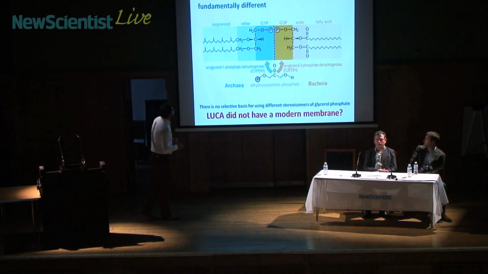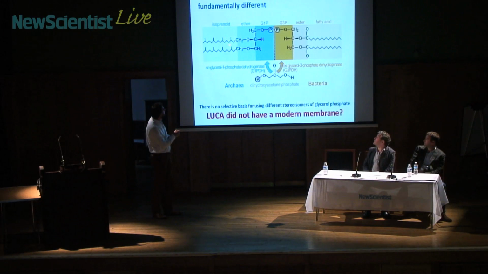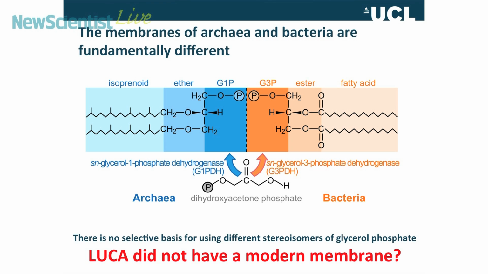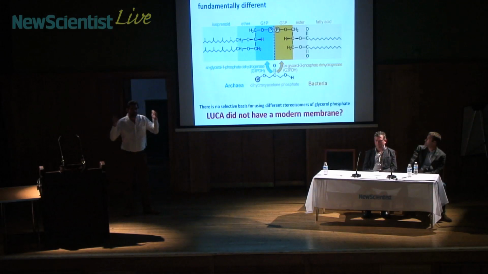Just to give you a sense of the membrane structures, this is the membranes of archaea. So they have isoprene lipids instead of fatty acids, which we have and bacteria have. They have what's known as an ether bond here, whereas they have an ester bond with an extra oxygen in there. And then this is glycerol phosphate. They both share the same head group.